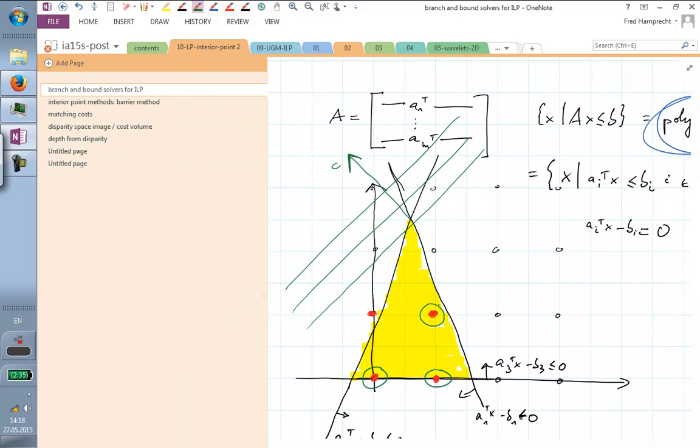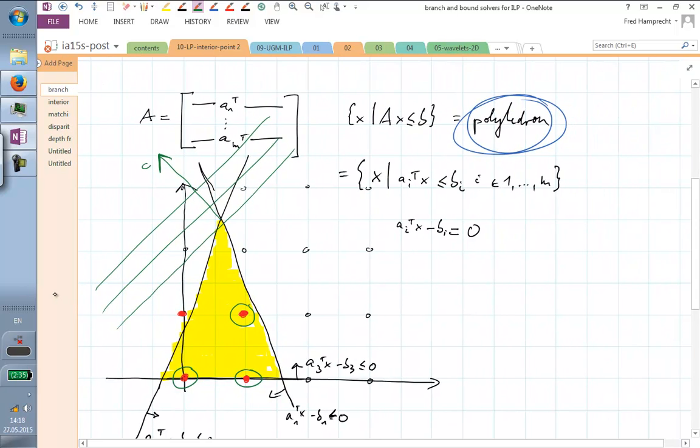I'm showing here in green the gain that can be achieved. Actually, probably I should plant my vector C at the origin.